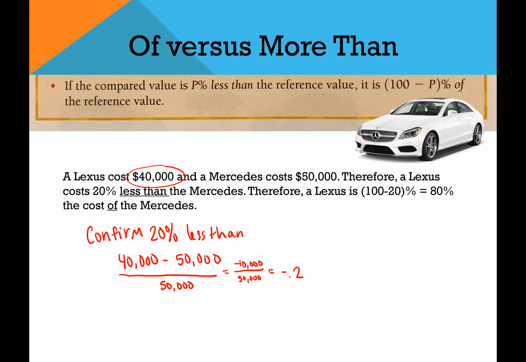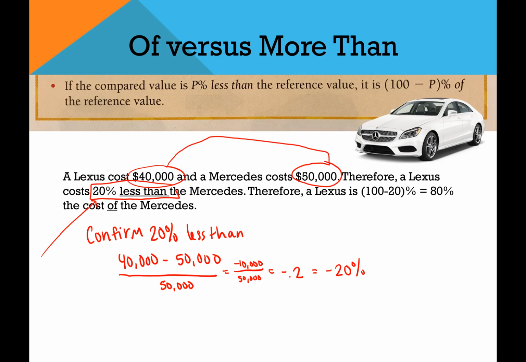And if I convert that into a percent, that's going to be a negative 20%. I'm moving the decimal over, putting a 0 here, and I get 20%. And it is negative, and that's where the less than comes from. So I just confirmed that if I have a $40,000 Lexus and a $50,000 Mercedes, it is in fact 20% less than the Mercedes.